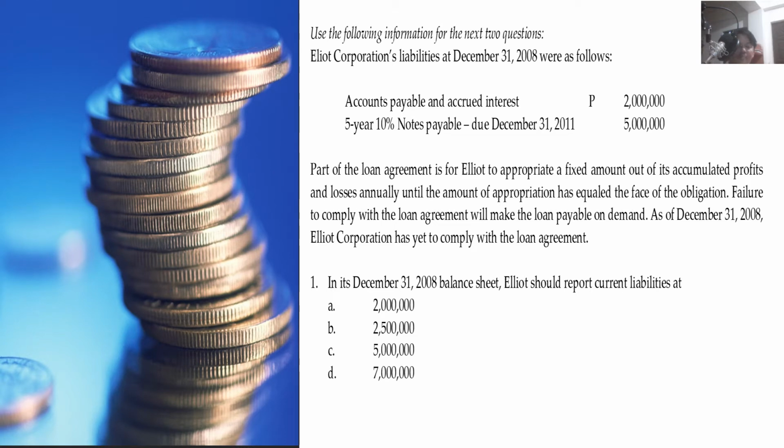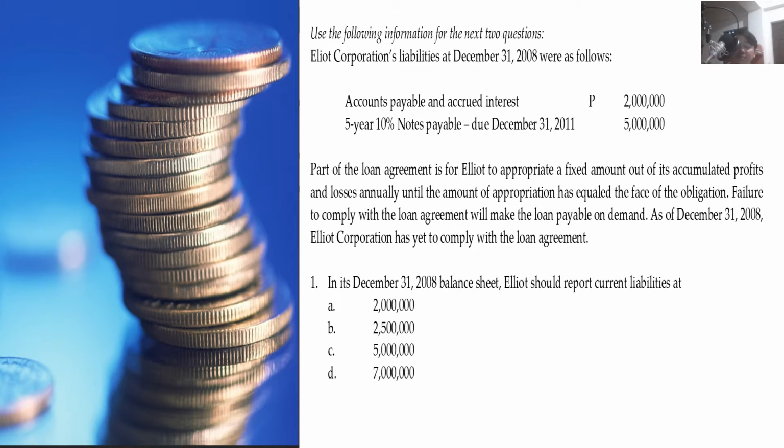Problem number 1. Here is the question. In its December 31, 2008 balance sheet, the company should report a current liabilities at letter A, 2 million, letter B, 2.5 million, letter C, 5 million, and letter D, 7 million.